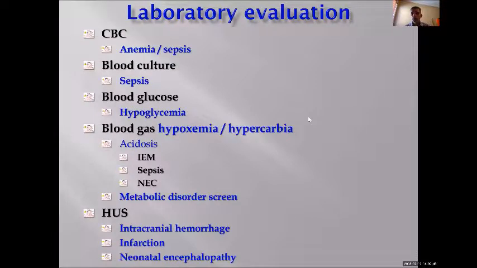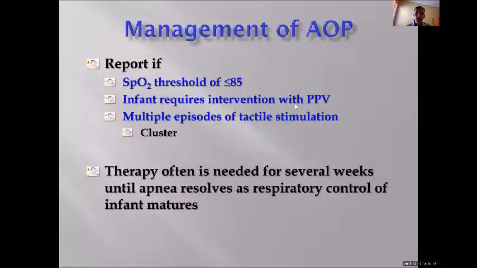What do we do when the nurse calls me that there is a baby with apnea? In addition to the history that we ask for, we ask for CBC. We ask for blood culture. We ask for glucose. We do blood gas. And we do metabolic screen if indicated. We ask for head ultrasound sometimes. How do we manage?